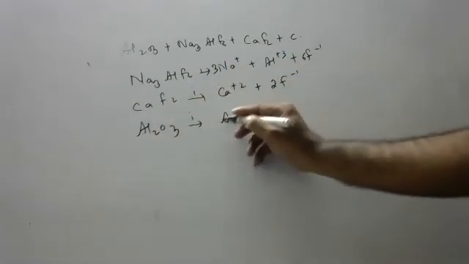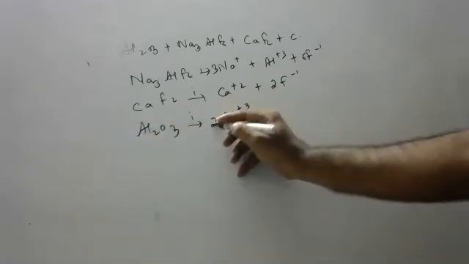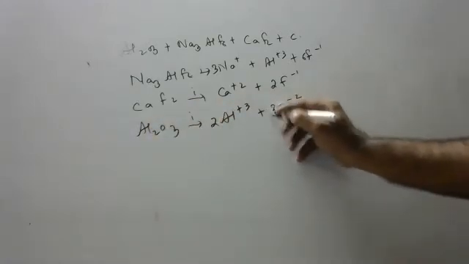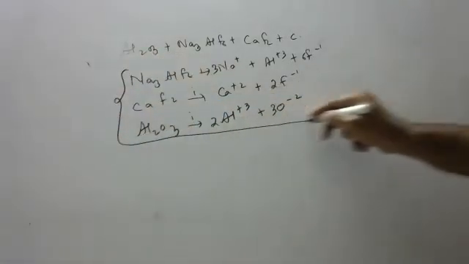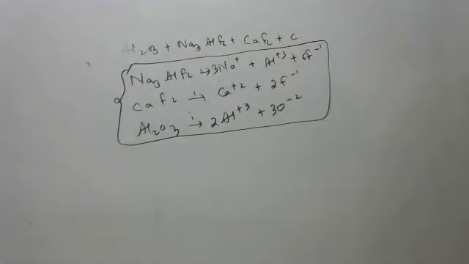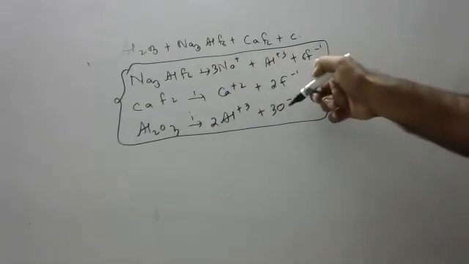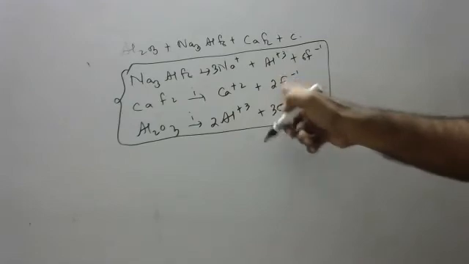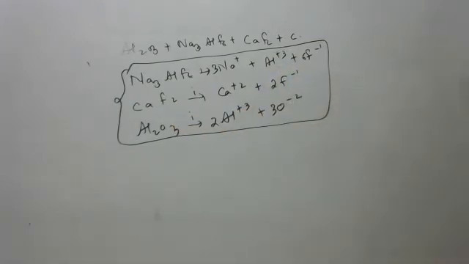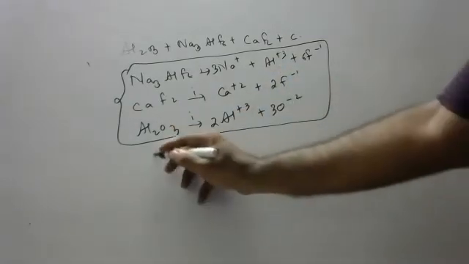And Al2O3 breaks up into 2 Al3+ and 3 O2-. On passing current, cryolite breaks into sodium ions, aluminium ions, and fluoride ions. Fluorospar breaks up into calcium ions and fluoride ions. Aluminum oxide breaks up into aluminium ions and oxide ions. Now, to the cathode.